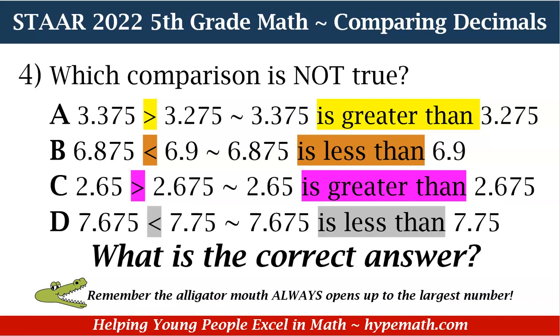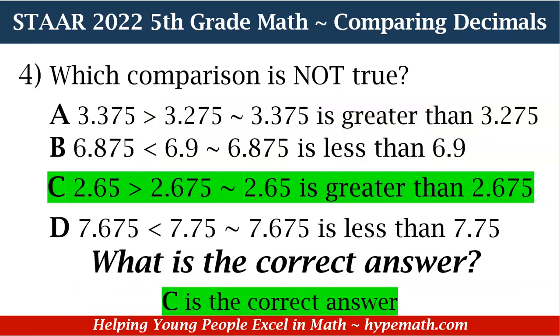Okay. So which answer are we saying is all the way wrong? It is not true at all. Well, it is C, because no, 2 and 65 hundredths is not greater than 2 and 675 thousandths. Well, let's look and see why. We see that both of the numbers have a 2 in the ones place.